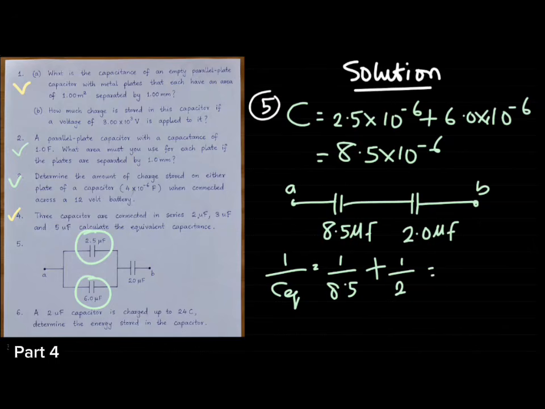So therefore, I'll advise you to divide directly, since we can't look for the LCM, or it will be difficult to look for the LCM of 8.5. So therefore, 1 divided by 8.5 will give us 0.12, plus 1 divided by 2 will give us 0.5. 0.5 plus 0.12.